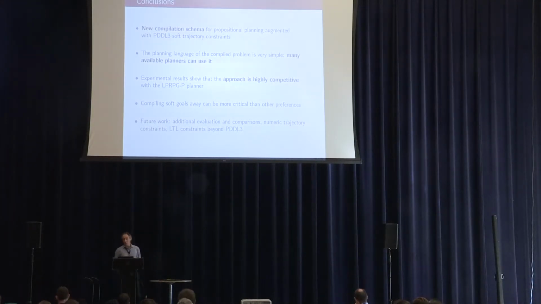And the approach so far, according to our experimental results, is quite competitive. There is still room for improvement for soft goals, and this, I have to say, is the part of the compilation that we didn't touch because we used directly the compilation of Keyder and Geffner.